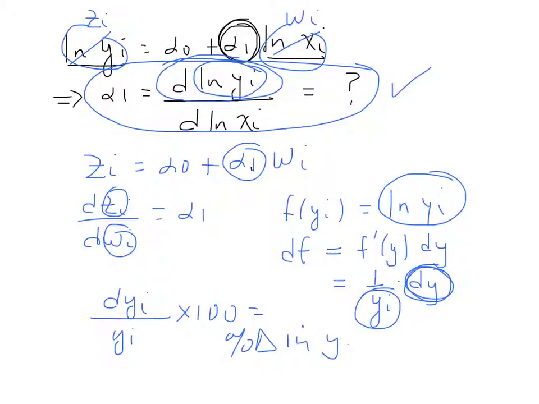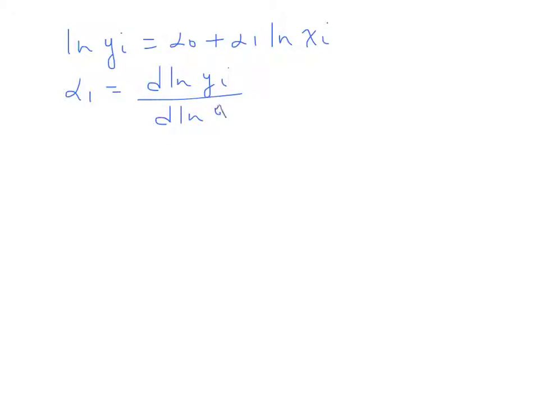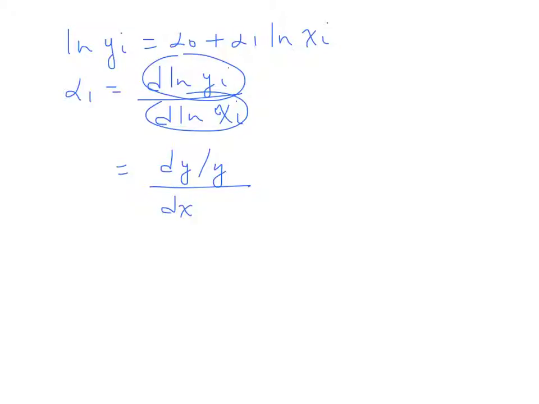All right, so let's go ahead and then try to interpret this. So what we're saying is, in the model, log of y equals alpha 0 plus alpha 1 log of x, alpha 1 can be thought of as d log y over d log x. And we now have a story for what each of those means. That's dy over y divided by dx over x. Getting a little sloppy with my subscripts, but there it is.